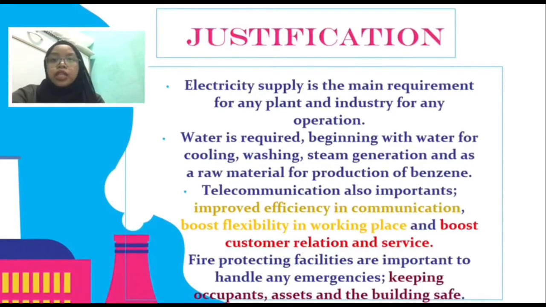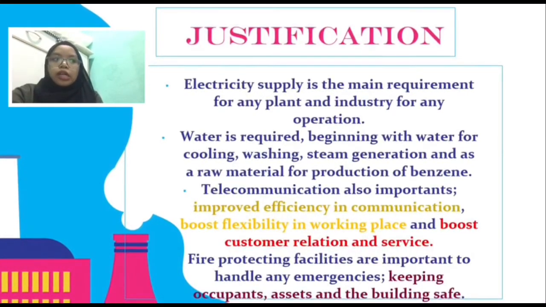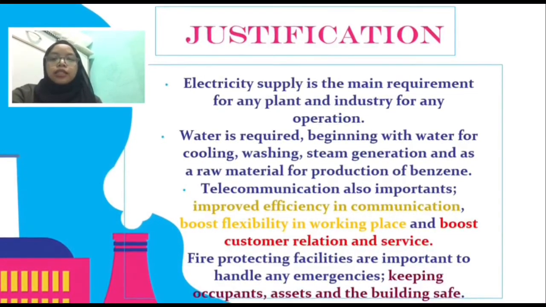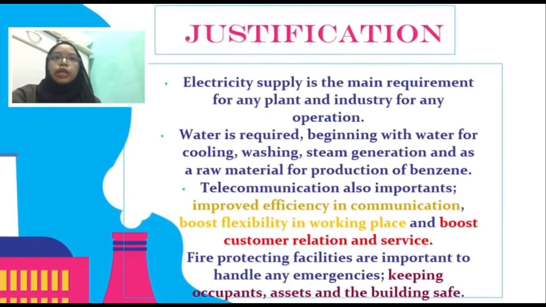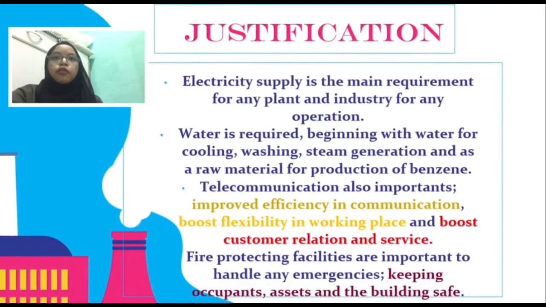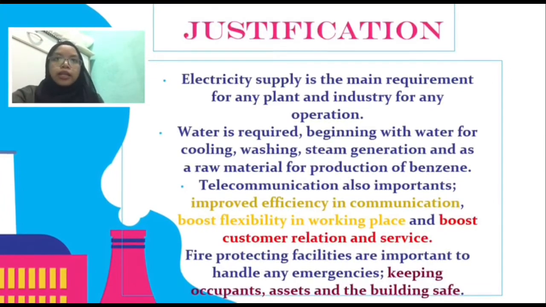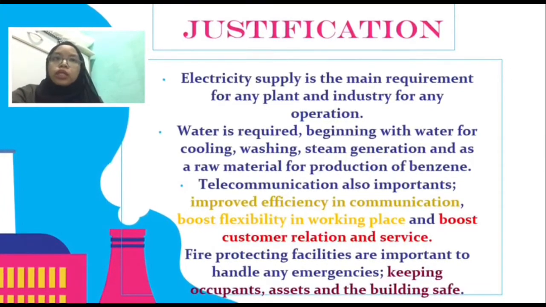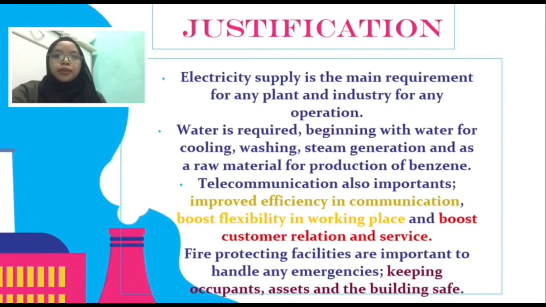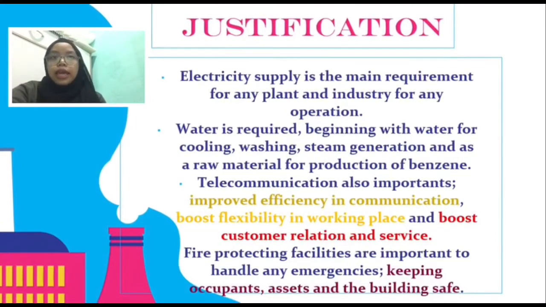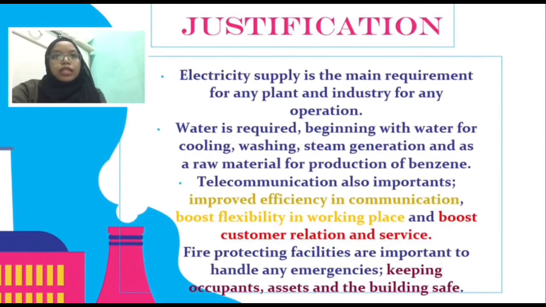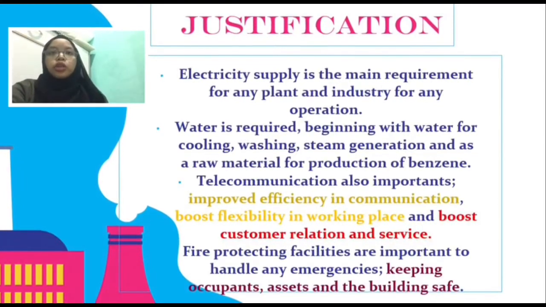For the justification of utilities, firstly, electricity supply is the main requirement for any plant and industry for any operation. Second, water is required, beginning with water for cooling, washing, and steam generation. Third, telecommunication is also important.